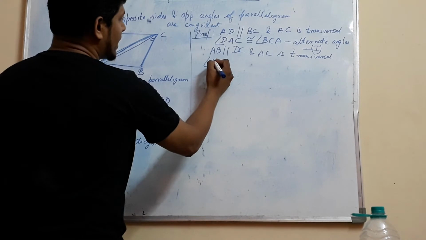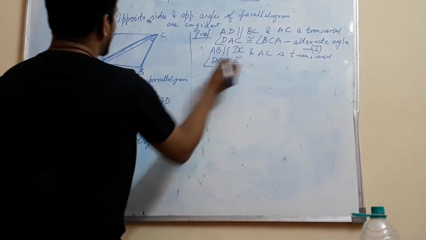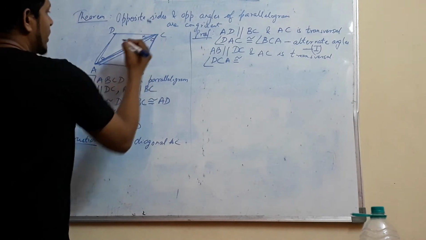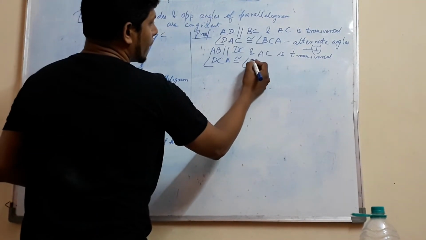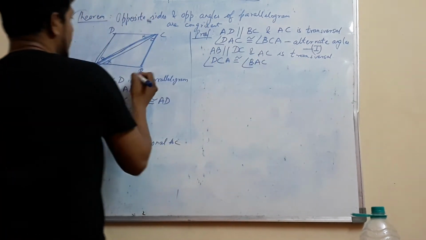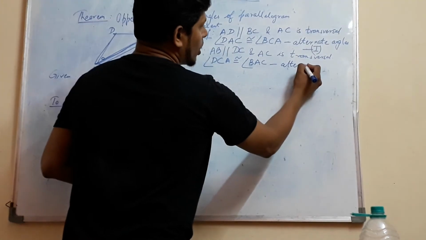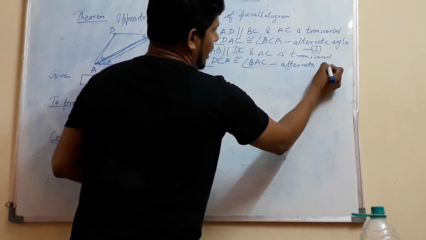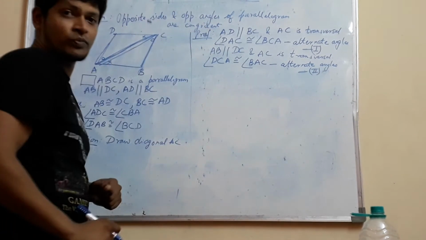So we can say angle DCA is congruent to BAC. This is also because they are alternate angles, and this we can take as point number 2.